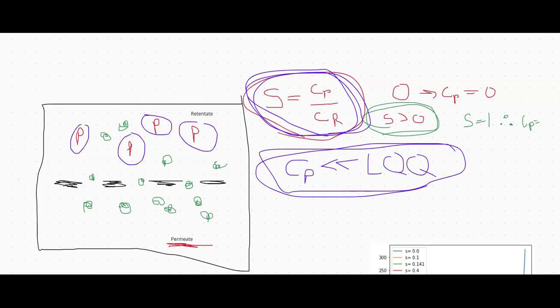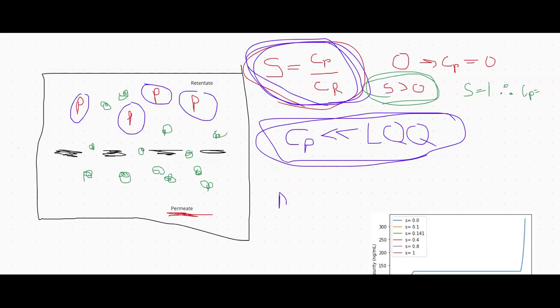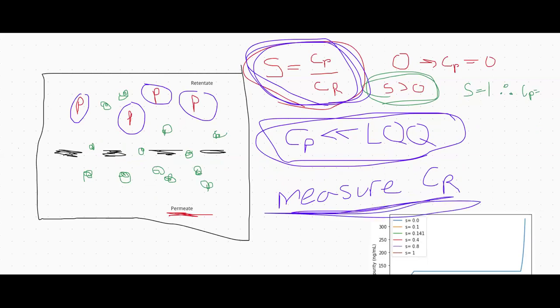Well, I'll only measure the retentate concentration instead. That's how I've kind of solved this issue. I've just measured the retentate concentration.